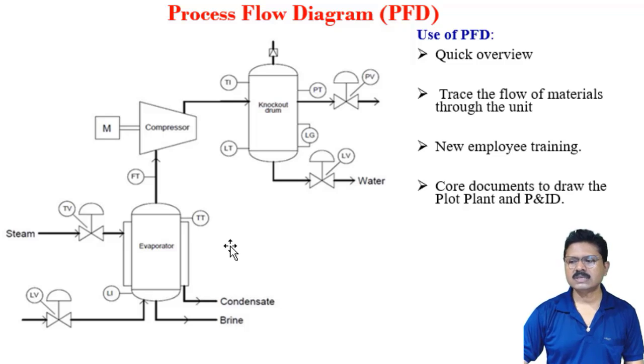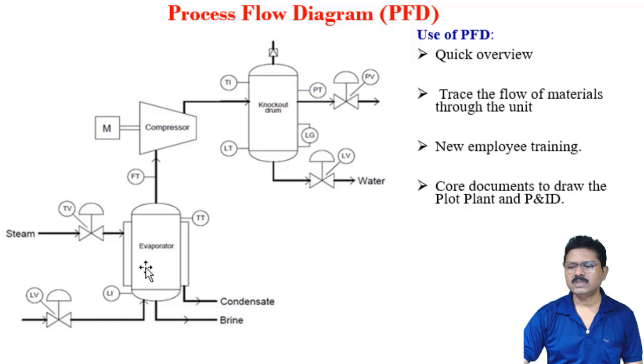Now this process is described here by using the process flow diagram. Here the total process is described by using the main components. Which are the main components? Evaporator, compressor, knockout drums, and a little about the different control valves and other accessories.